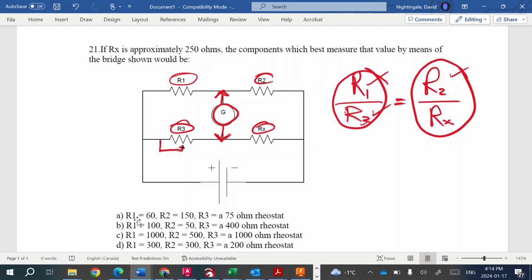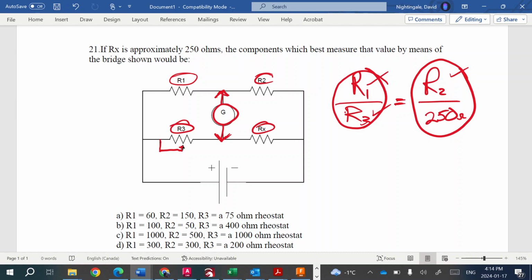All right. So in this particular question, we're given the value of Rx. We know that it is 250 ohms. And we want to know if the other resistors are appropriate values to actually measure and be able to figure out that that would be 250 ohms.